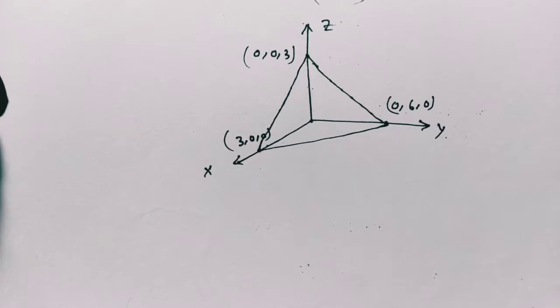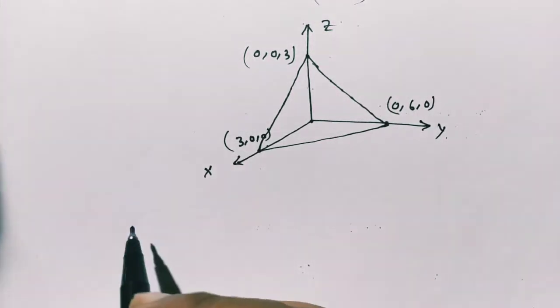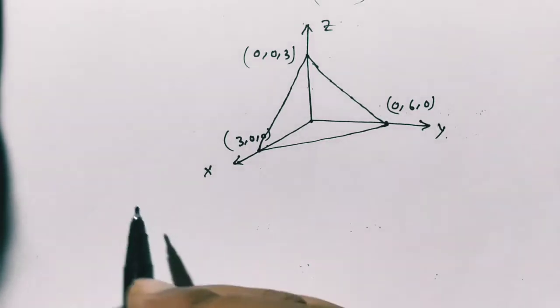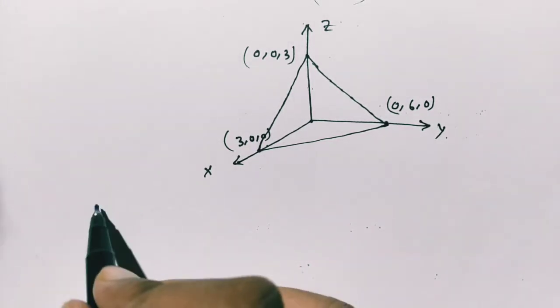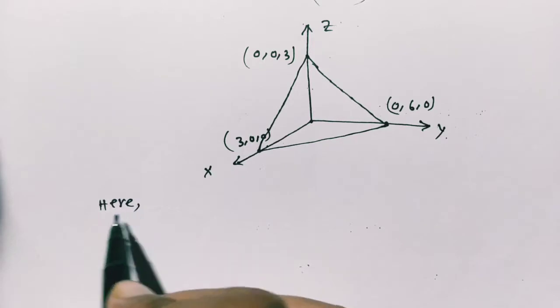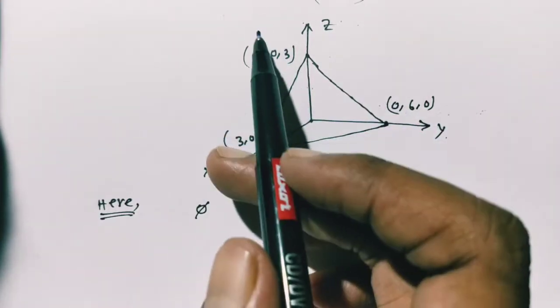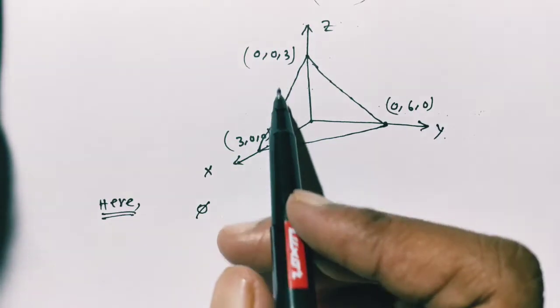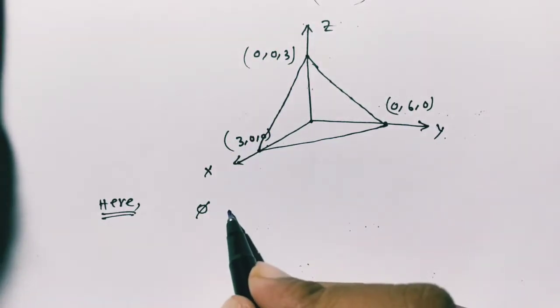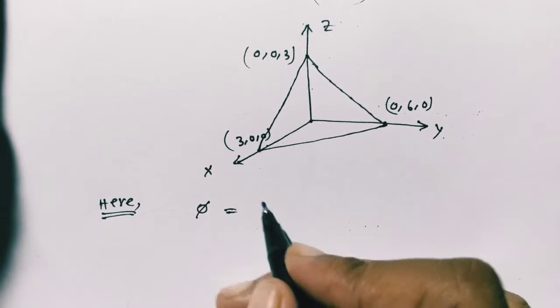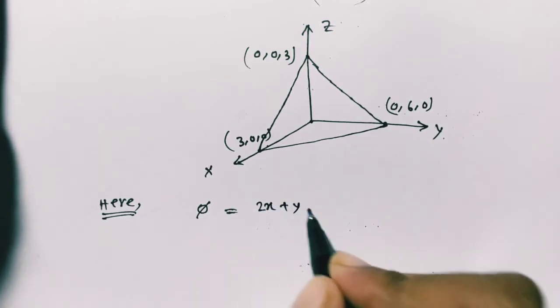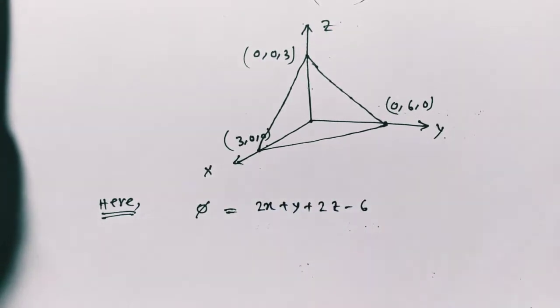And what is the unit normal? Here the equation of the surface is phi. Here the surface was 2x plus y plus 2z equals 6, so phi, which is a function of x, y, z, will be 2x plus y plus 2z minus 6.